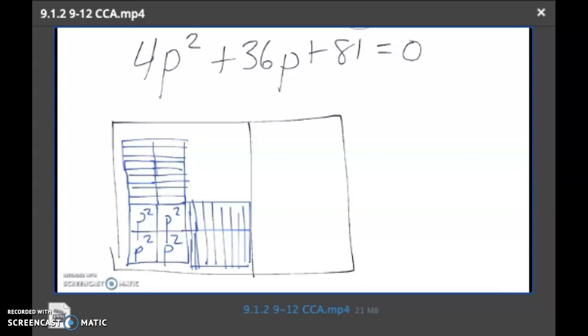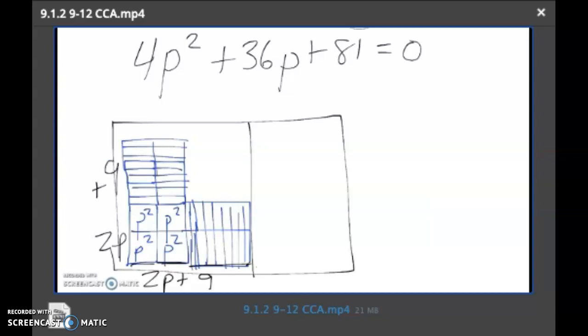So if I look at the dimensions now of what this perfect square will be when we complete it, well, now I have 2p sides, and how many do we have here? 9, right? 9 unit sides along the bottom, and the same thing over here, 2p plus 9, okay?